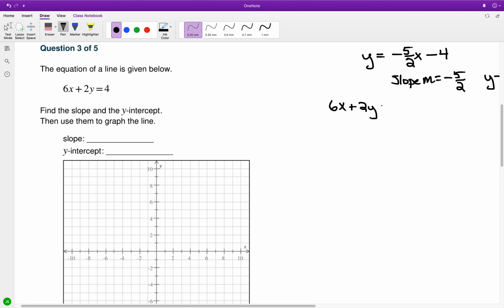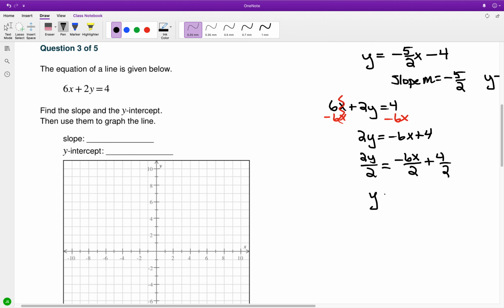So we have 6x plus 2y equals 4, and getting the y term by itself, I can take out 6x from the left-hand side, and we have 2y = -6x + 4. With division by 2, we have -6 over 2 plus 4 over 2, so y = -3x + 2.